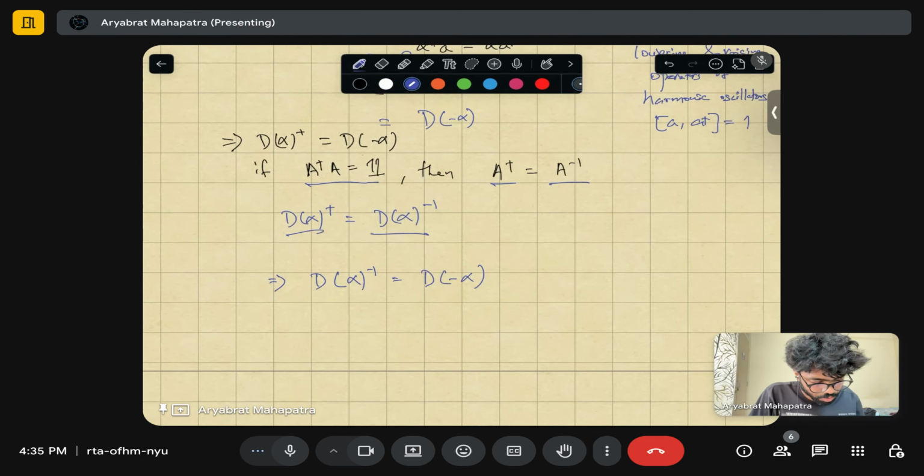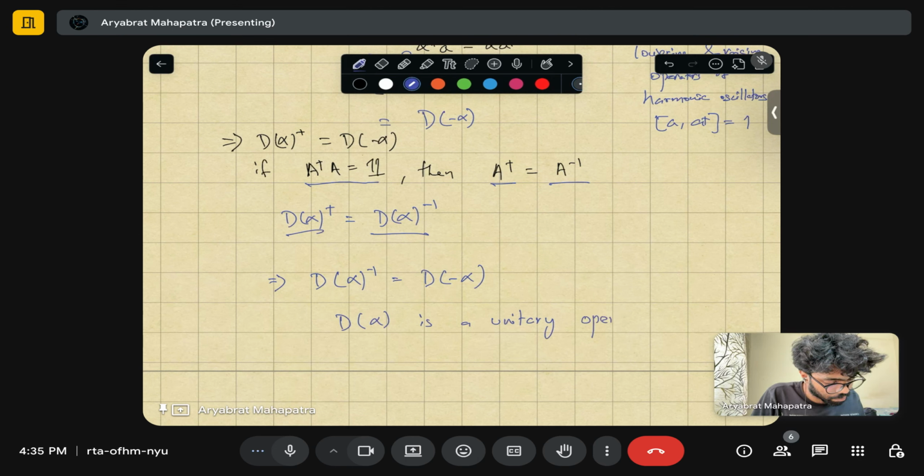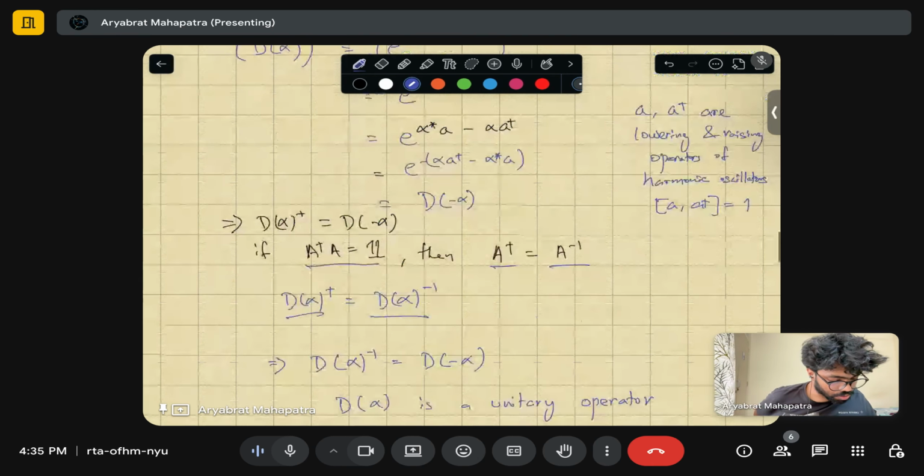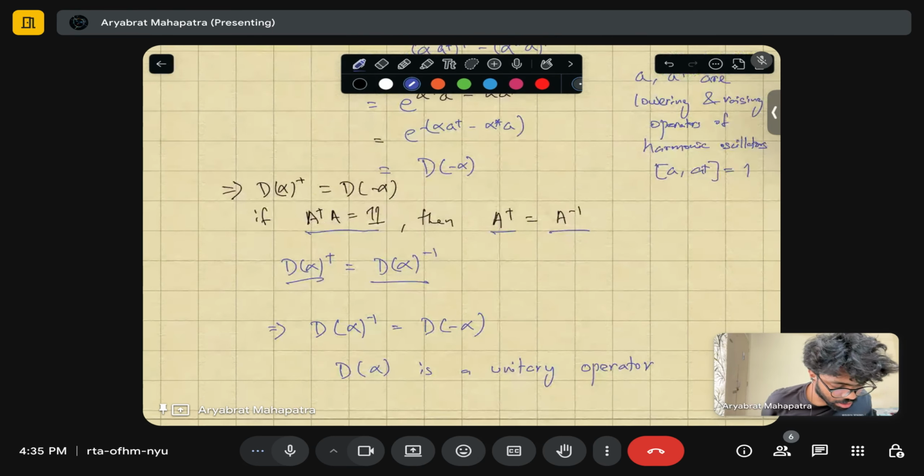So from here it says that D of alpha is a unitary operator, because you showed that D of alpha dagger is equal to D of minus alpha, and also D of alpha inverse is D of minus alpha.